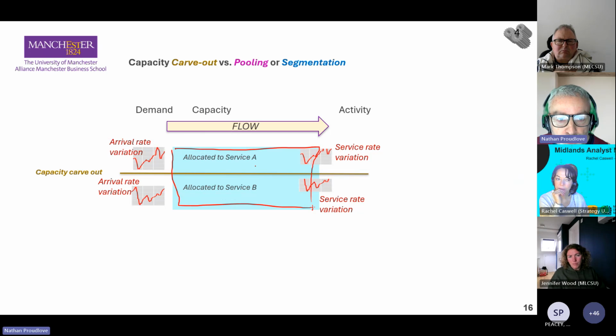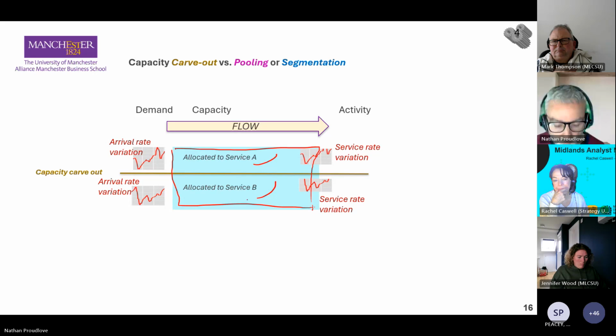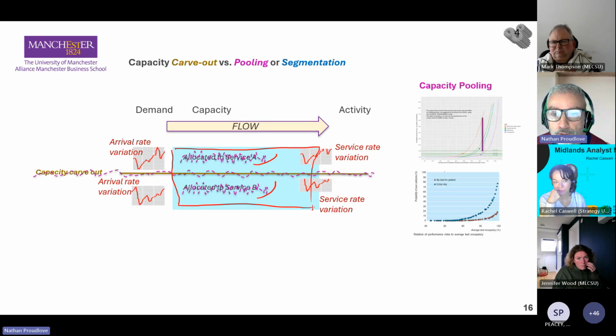So you have the separate curves basically for the separate bed pools. The math stuff says, well, if you pool them, like that previous graph, you work with a much bigger bed pool, like Bagust working with whatever, 200 beds, you get much, much better performance if you take away the wall.